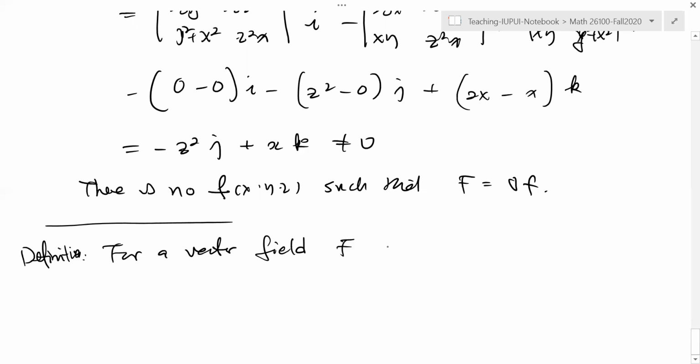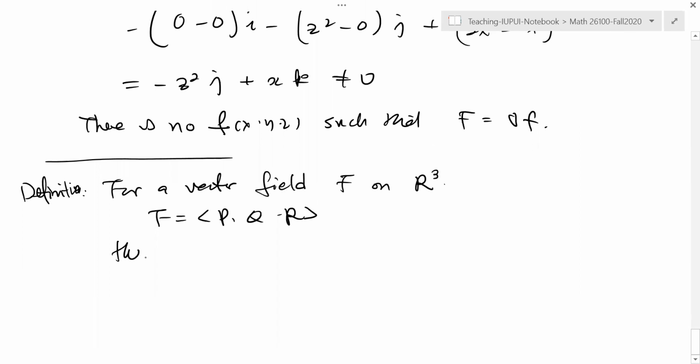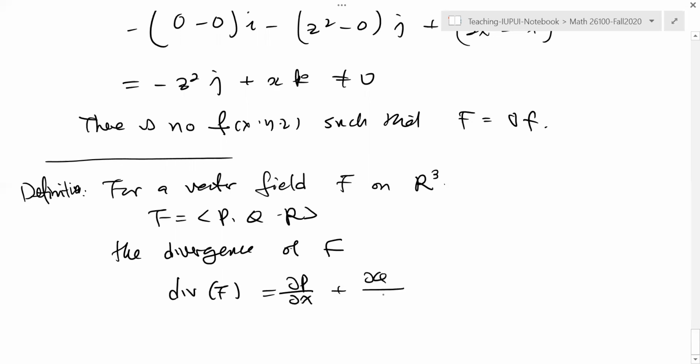For a vector field in R3, F is going to be P, Q, R. Then the so-called divergence of F is defined as the partial derivative of P with respect to x, plus the partial derivative of Q with respect to y, plus the partial derivative of R with respect to z.